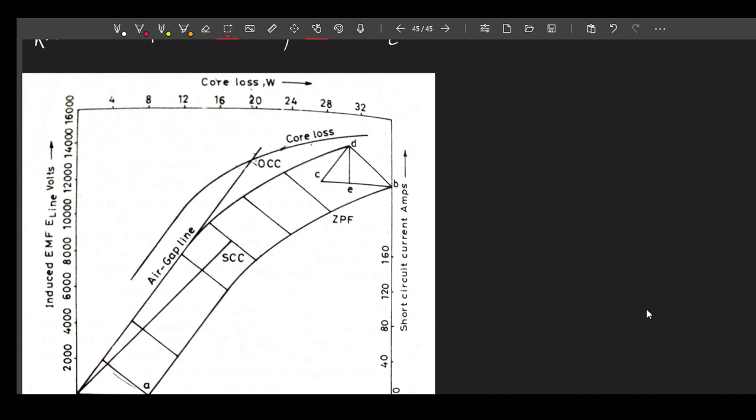And you can also understand one thing: consider the air gap along the direct axis, whatever air gap along direct axis you will have. What is the difference between cylindrical rotor and salient pole? In cylindrical rotor, the air gap is even. In salient pole, the air gap is non-even. Along direct axis, it's small. Along quadrature axis, it's large.